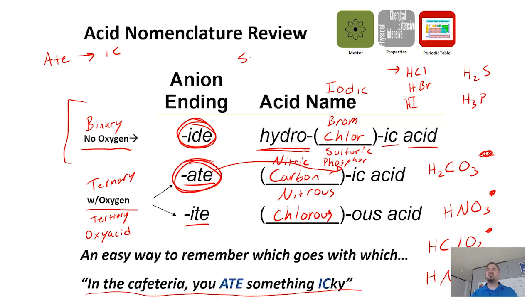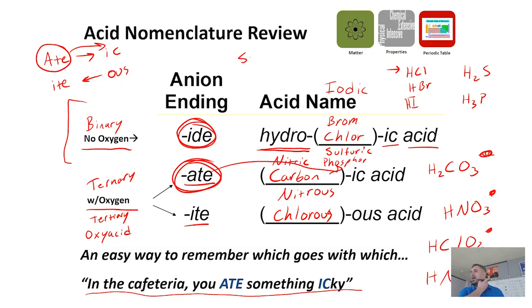So if 8 turns into ick and you're looking at something that ends in OUS, what was that before? That would be ite. That's cool, right? So the only one you need to remember is 8. So 8 turns into ick. So in the cafeteria, you ate something icky.